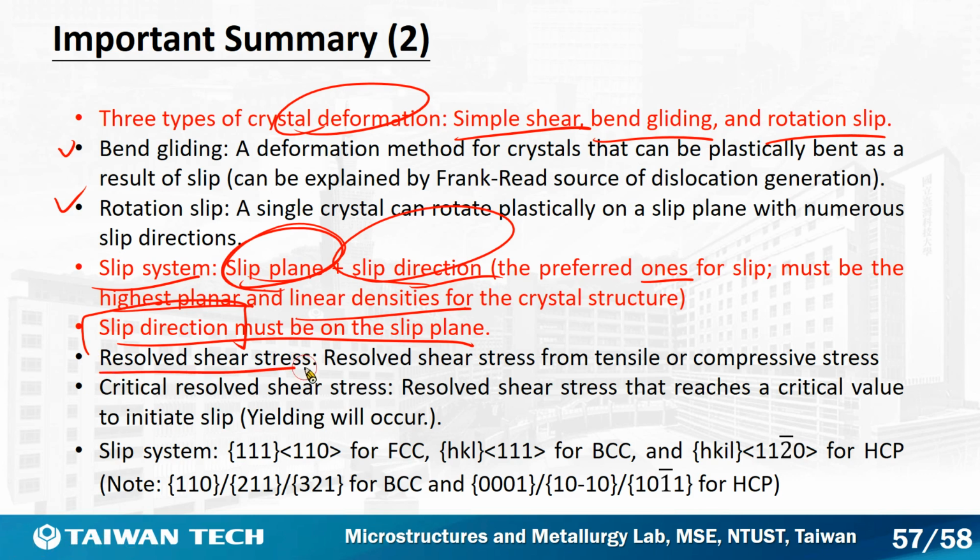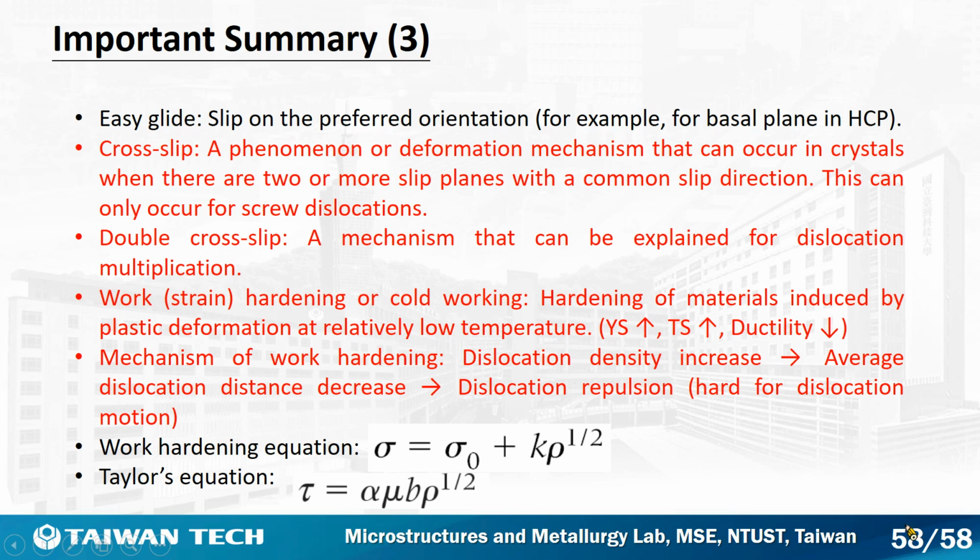And then we have the terms resolved shear stress and critical resolved shear stress. Make sure that you understand the definitions. And then here we list the slip systems for you for FCC, BCC, and HCP. Okay, we have easy glide, also check the definition. And here we have cross slip and double cross slip. These two are different.